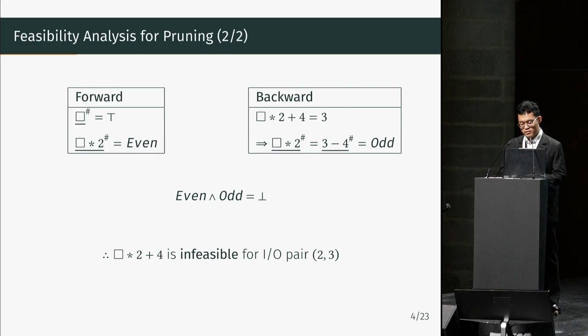And the backward analysis will give, we know output 3 is an odd number and plus 4 will be minus 4, so hole times 2 is odd. So we have two constraints on hole times 2: forward, even; backward, odd. By meeting the two constraints, it will result in bottom. So we can conclude hole times 2 plus 4 is infeasible for the IO pair.